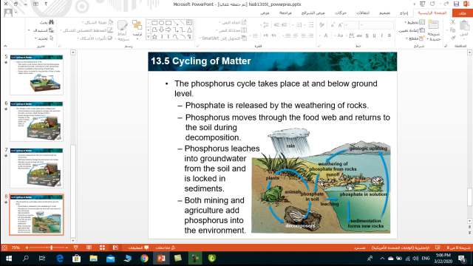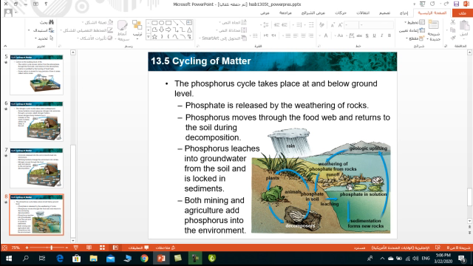This phosphorus moves from the producers to the consumers through the food web. When these producers or consumers die, of course, the decomposers break down the organisms, and this process releases phosphorus back again to the soil, or of course to the water.